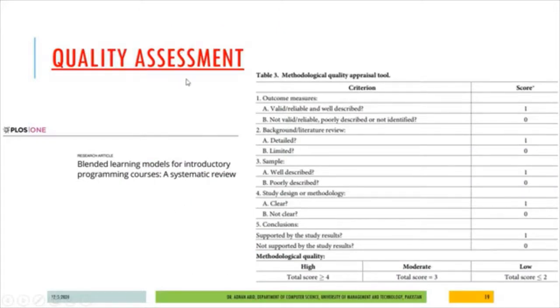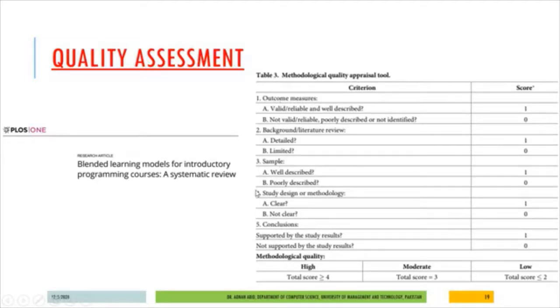Then comes the quality assessment. Again, I said that it is very, very important, so let me emphasize it once again with the help of an example. In this blended learning work, the author proposed a well-defined criteria: these are the five things that an article should have.